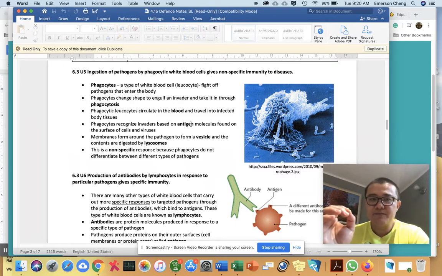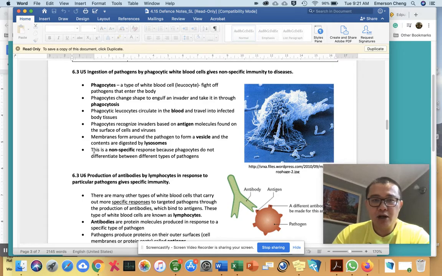So they will present these parts of the bacteria that they ingested and broke down onto their surface, and then it will allow the specific immune system to kick in. Okay, so we're going to talk a little bit more about that.